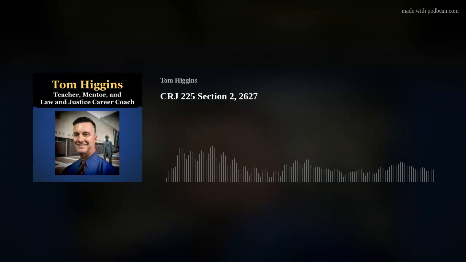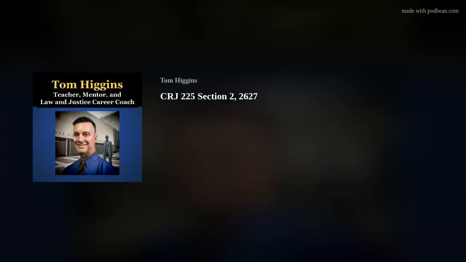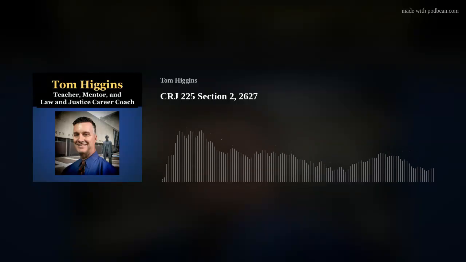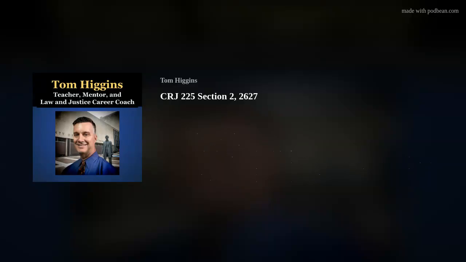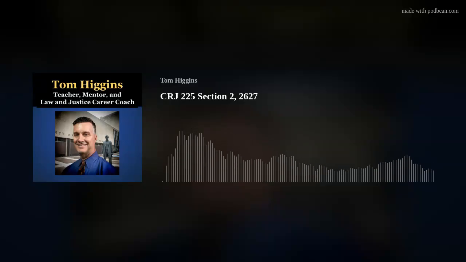720 ILCS Section 5, Article 6 of the code is titled Responsibility, and it refers to the focus of whether a defendant has the capacity to be responsible for his or her actions.